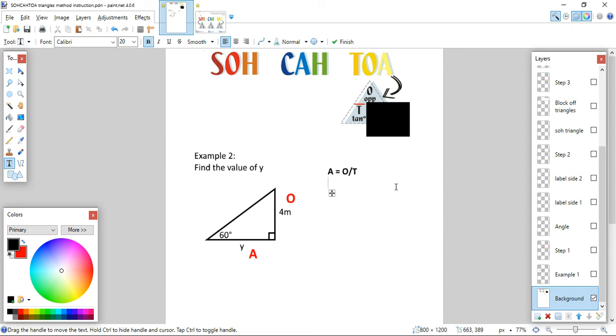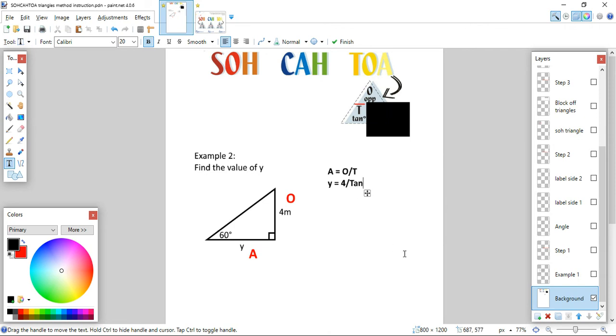Our final step is to substitute in the values and do the calculation to find the missing side length. So looking at my diagram here, A, the adjacent side, is represented by the pronumeral y on our diagram. O, the opposite side, is 4 meters. T stands for tan of the angle.